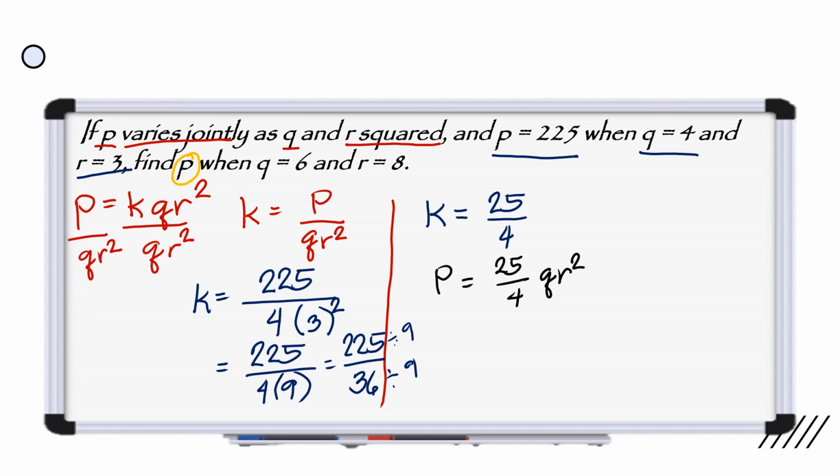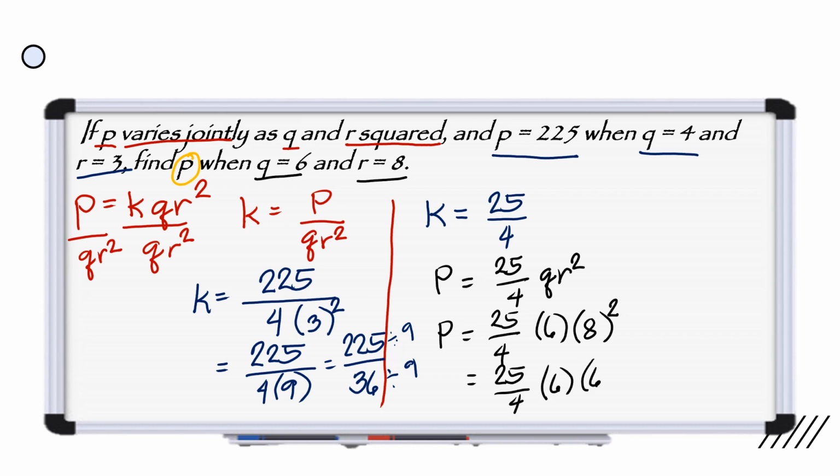Okay, so P is equal to 25 over 4. Ang ating Q ay 6. At ang ating R ay 8. 8 squared. So, we simply multiply all. So, 25 over 4 times 6 times 64.